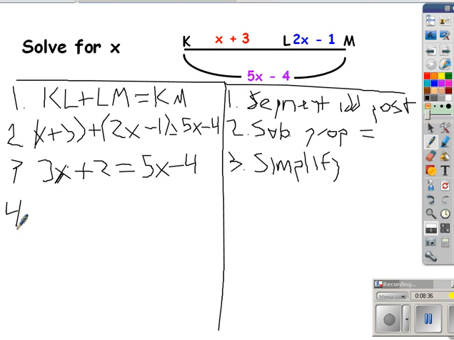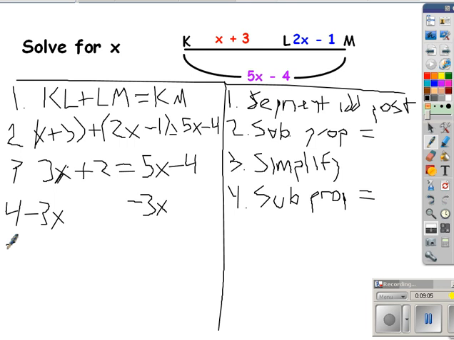So now we're getting to our algebra stuff here. If I want to get x all by itself, I want to subtract 3x from both sides. Minus 3x, minus 3x. And again, since I'm subtracting, I'm going to use the subtraction property of equality.